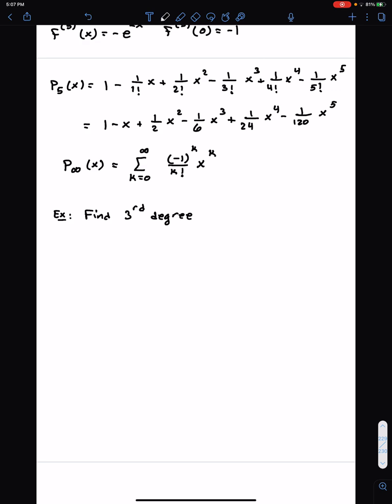Find a third degree Taylor polynomial for f of x equals sine x at x is equal to pi.